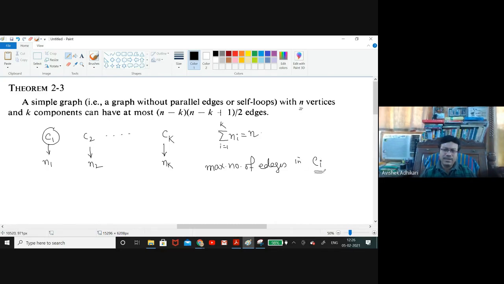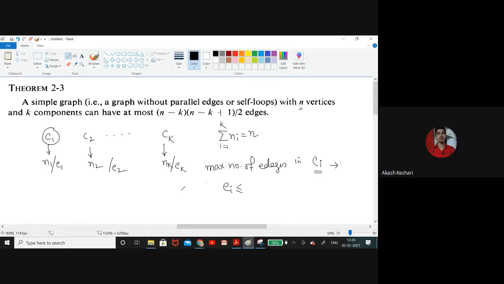Say the numbers of edges are E1, E2, Ek. Ei should be less than or equal to how much? N1 choose 2.